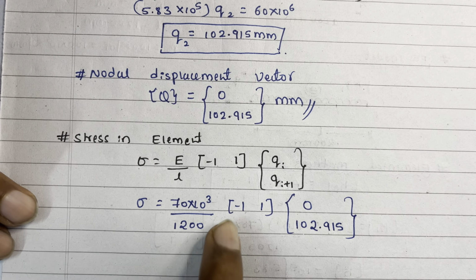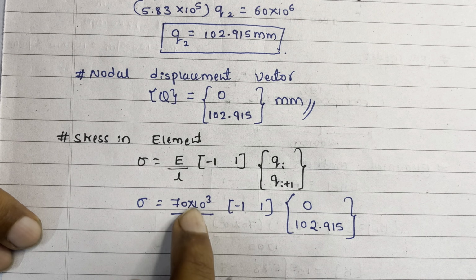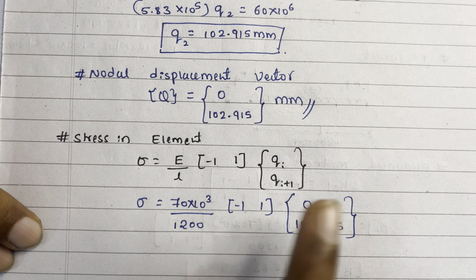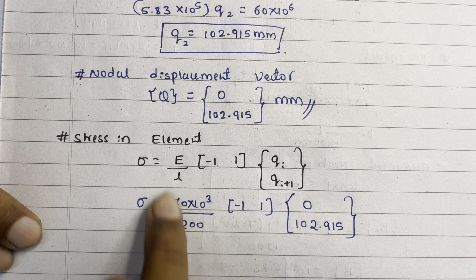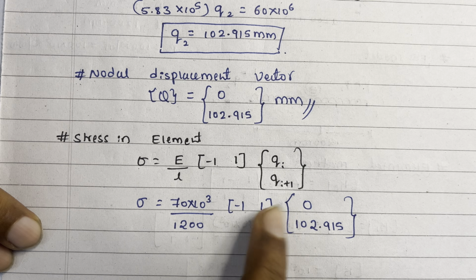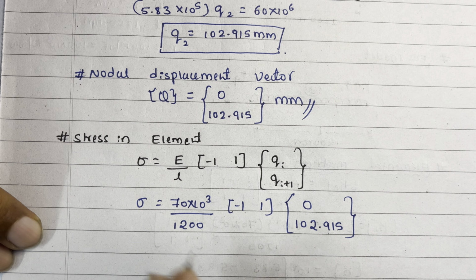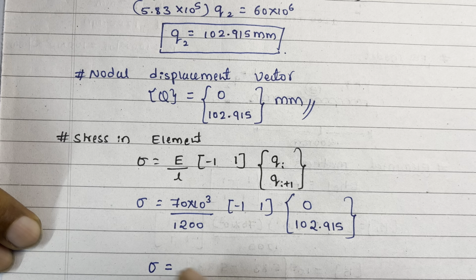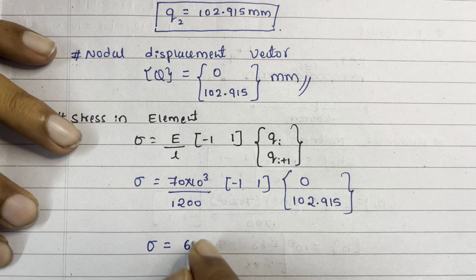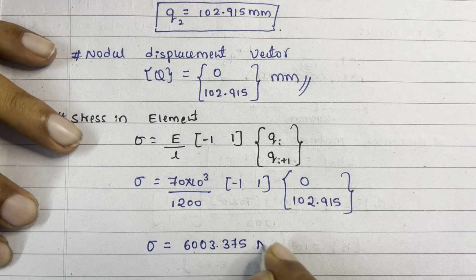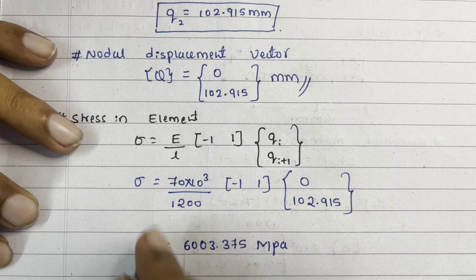First we multiply with minus 1 and 0, which is 0. Then we solve this and multiply with 1. So we get sigma equal to 6003.375 megapascal.